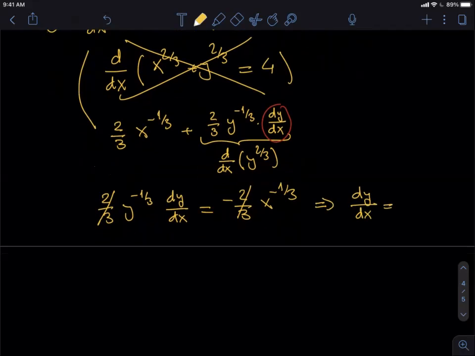This is equal to y to the 1/3 divided by x to the 1/3. So I just took the y to the negative 1/3, that's like 1 over y to the 1/3, passed it to the other side, and done. So this is the first one. And I'm missing a negative here, so let me fix that. Now it's correct.